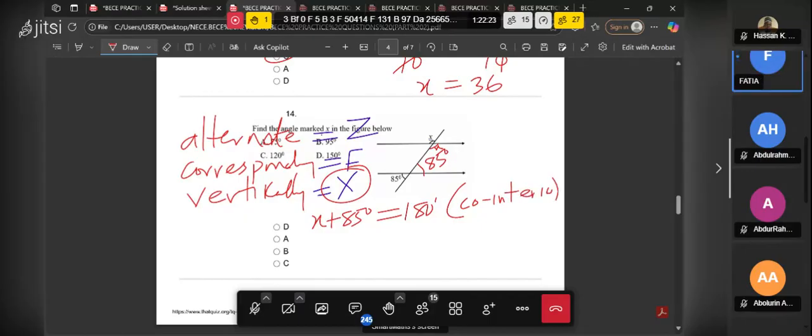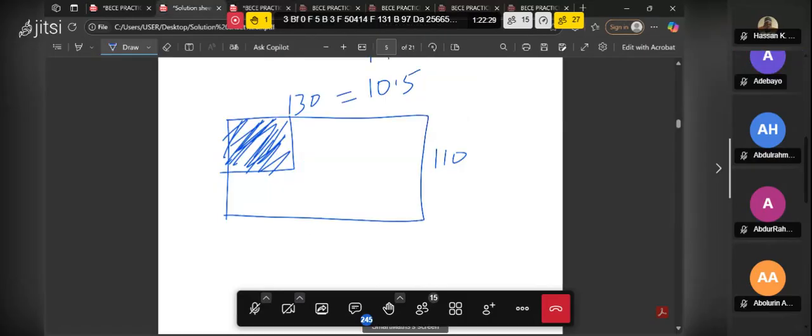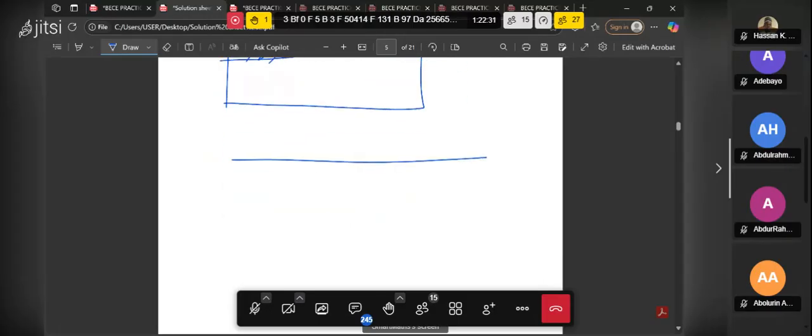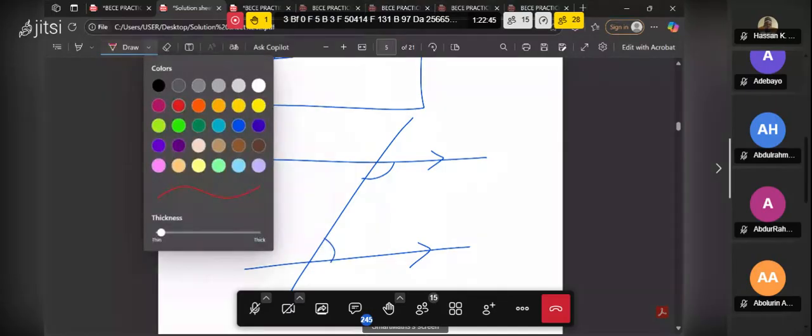Sir, please, what do you mean by co-interior angles? Good. I will explain that. Let me come back to this place so that I have enough space to explain. Now, this is parallel to this side. This angle here and this angle here, they are inside.